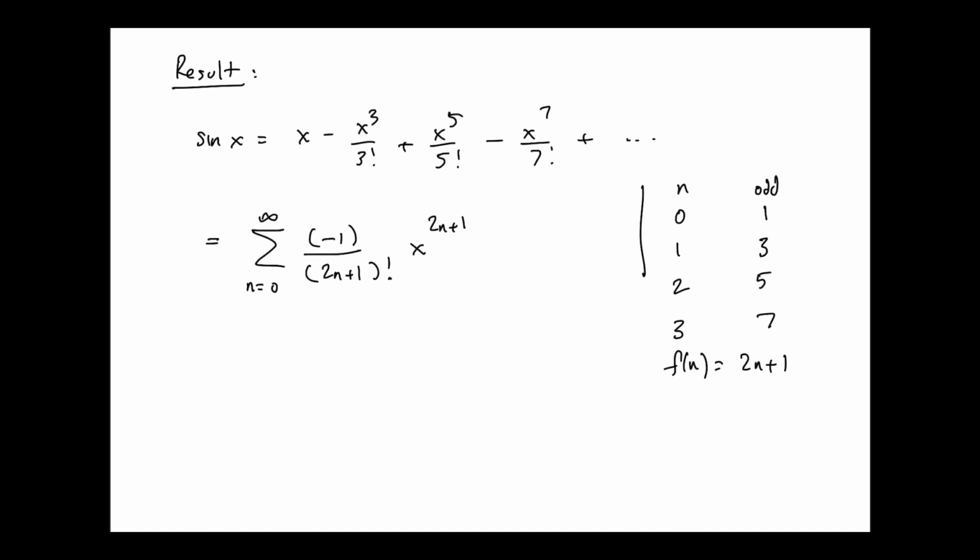Well, when n equals 0, that corresponds to the x to the first term, right? Because of our 2n plus 1 formula. So let me write up here n: 0, 1, 2, 3, 4, etc. What do you notice about who's odd and who's even given n?